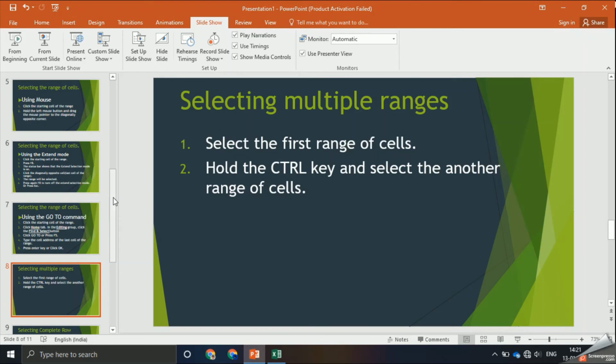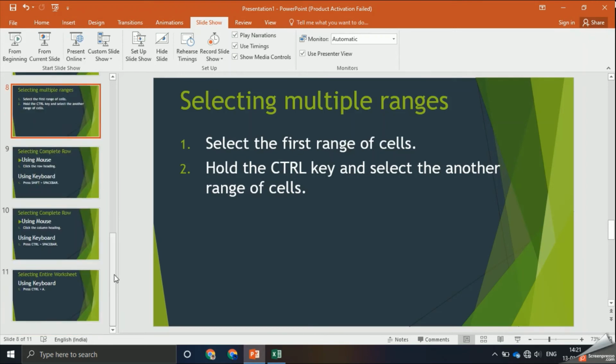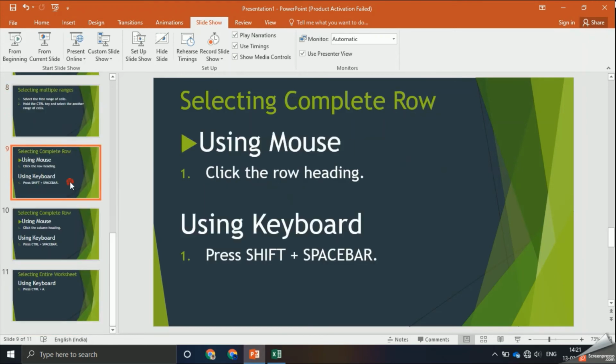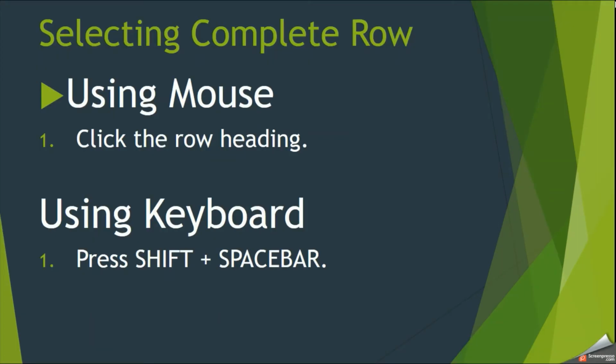And now let's see how to select a complete row, a complete column and a complete worksheet. Each page in a workbook we call a worksheet. How to select a complete row? By using the mouse, I can just click on the row heading, then the entire row will be selected.